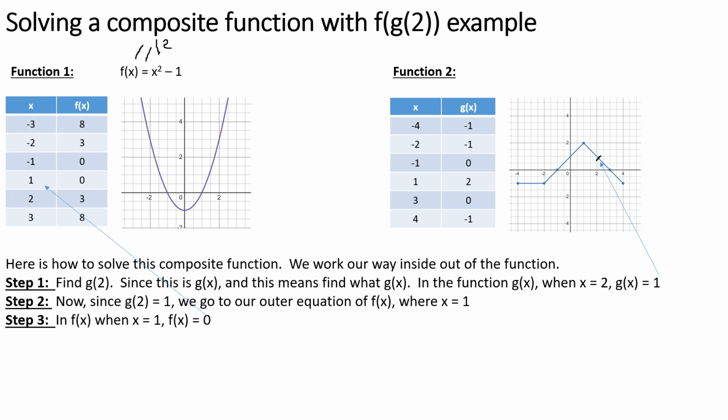And 1 squared is 1, minus 1 equals 0. Like I said, you can do this algebraically, you can do it graphically. When I put in 1 to my new outer function, my x is 1, and my f of x, which is my y, my result, is 0.